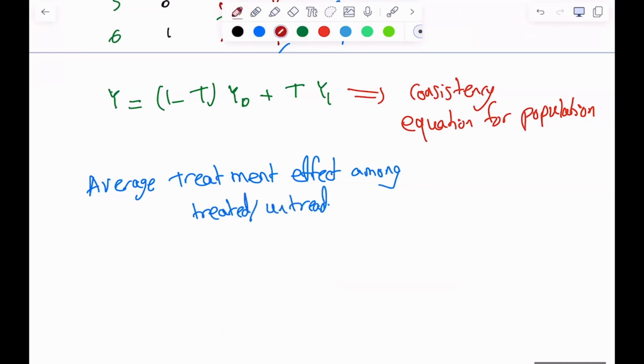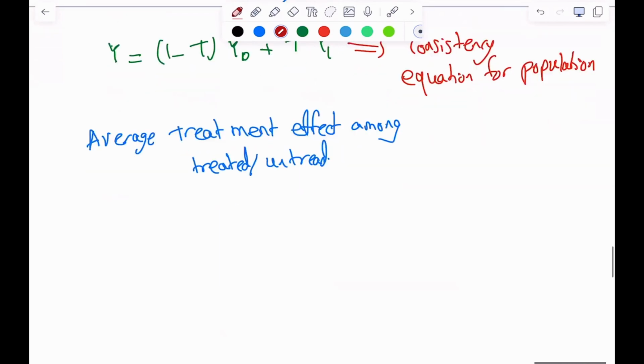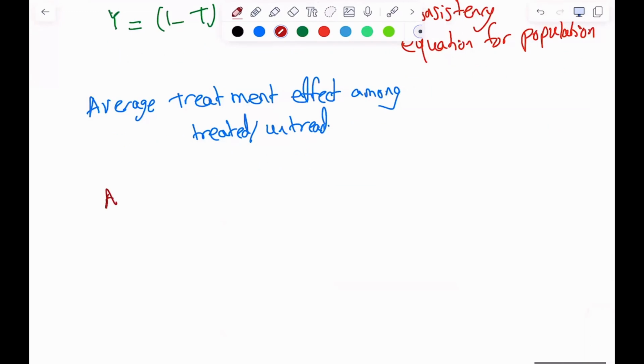As the name suggests, it says that, you know what, instead of calculating the average treatment effect for all the individuals, why don't you go ahead and calculate the average treatment effect only for those people that got treated, among those people that actually received the treatment. So what's the average treatment effect for treated? ATT.